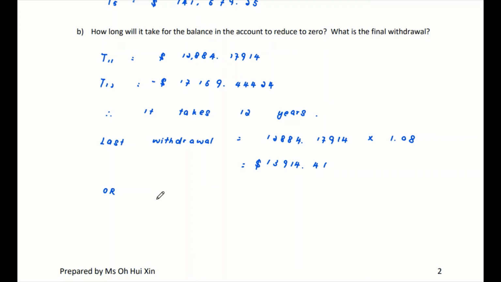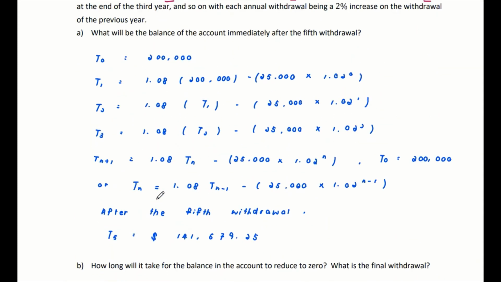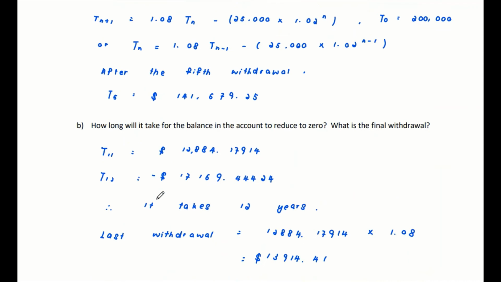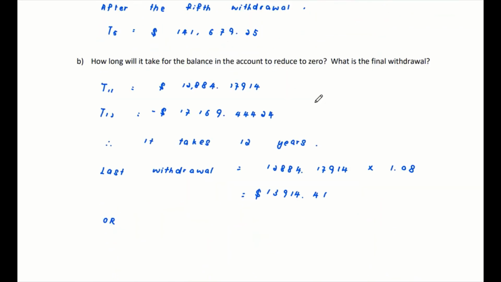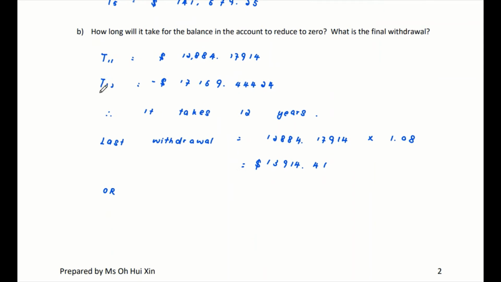So initially, for your T1, you are withdrawing 25000 multiplied by 1.02 to the power of 0. So you can imagine that if you are calculating the withdrawal for the 12th time, then that will be 25000 multiplied by 1.02 to the power of 11, right?